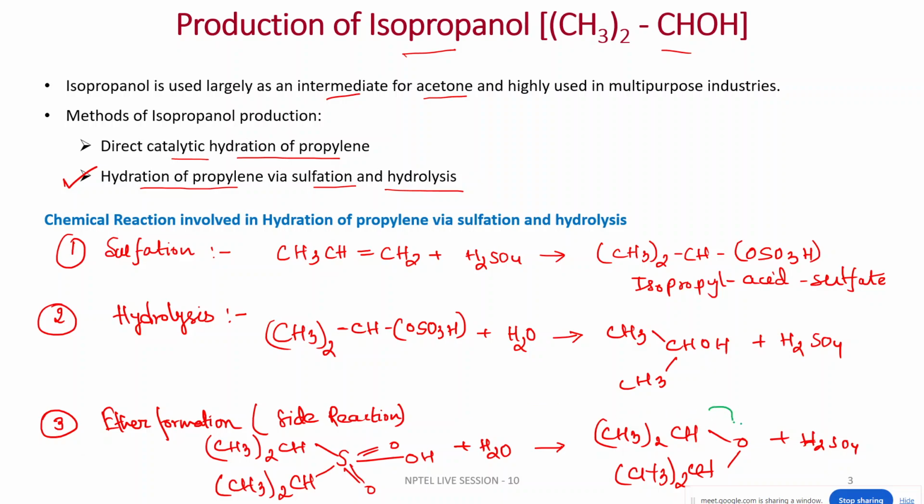This product is diisopropyl ether. So we have discussed the chemical reactions involved in the hydration of propylene via the sulfation and hydrolysis process. It has basically two steps, sulfation and hydrolysis, and one side reaction is also occurring, that is the ether formation.